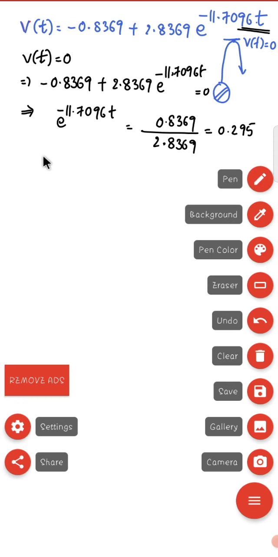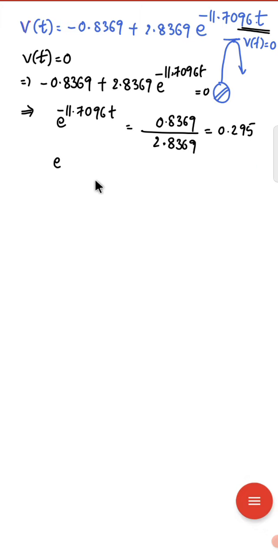So now we know that if we have e to the power a is equal to b, then a is equal to ln b. So e to the power of minus 11.7096 t is equal to 0.295.